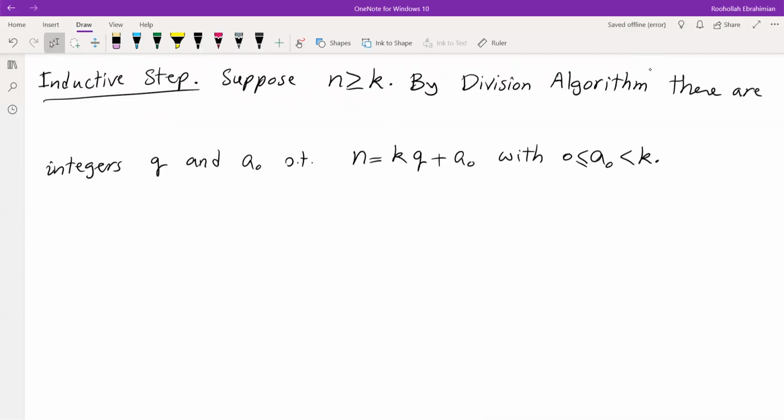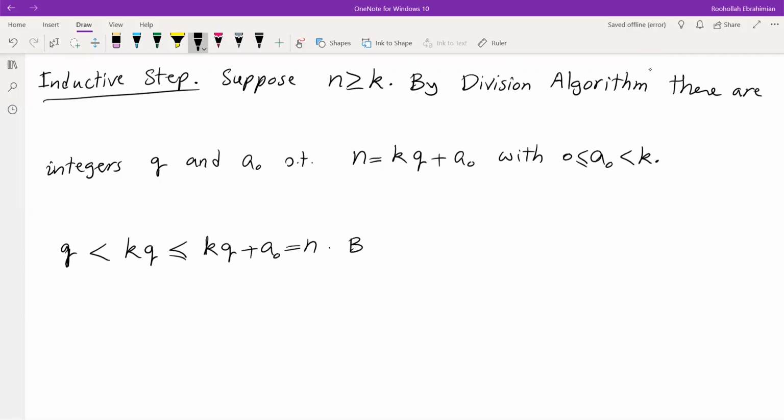Okay, so we have that. That's by the division algorithm, kind of the long division that you have learned. Then I'm going to apply the inductive hypothesis for q. So q is less than kq because k was more than 1, which is less than or equal to kq plus a0, which is n.